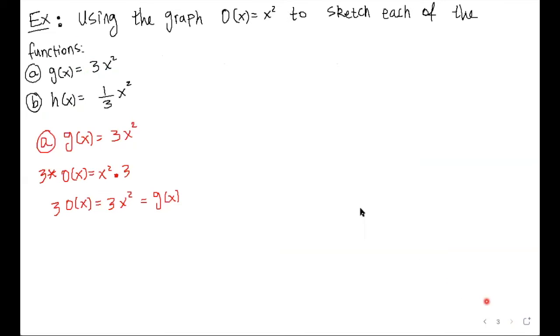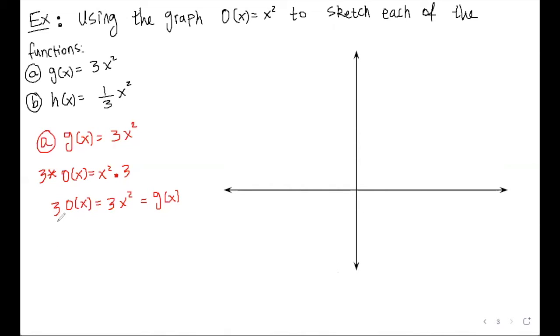Okay, let me do it. So again, the number here is outside, and 3 is greater than 1.